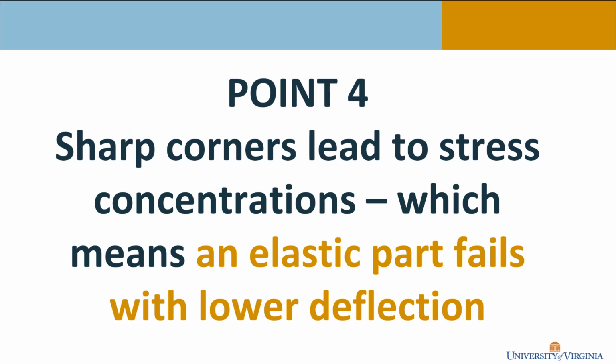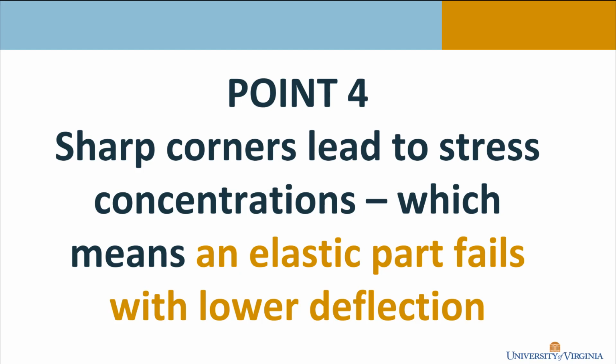When we're working with elastic parts like these snap fits that deflect, that deflection is what causes the force, and that force is what causes the moment, and that moment causes the stress that causes the failure. Sharp corners lead to stress concentration, which means an elastic part can fail with a lower amount of deflection.